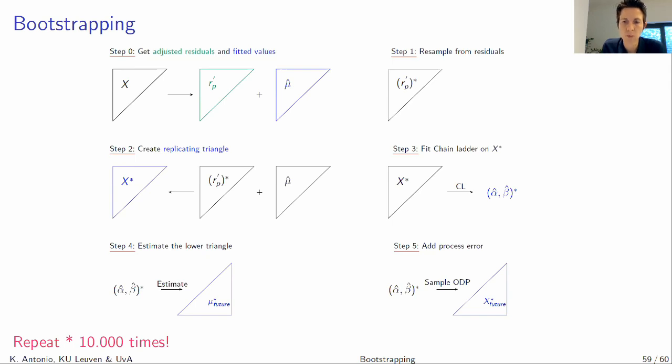So that's the recipe that we put together, which allows us to go from having an estimate for the outstanding amount plus a mean squared error of prediction, to really being capable of generating scenarios for the outstanding reserve, scenarios that take both the parameter estimation error as well as the process error into account, and which rely on this over-dispersed Poisson setting and the specific parameterization that we went for the linear predictor.